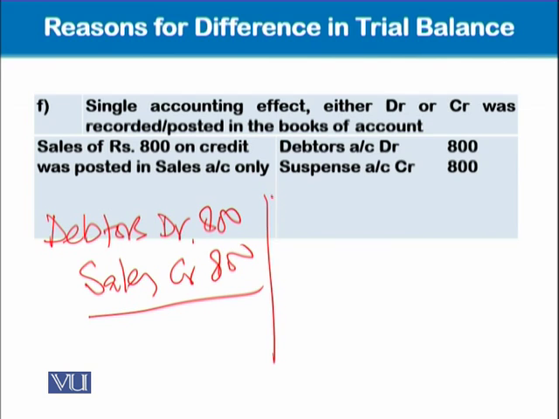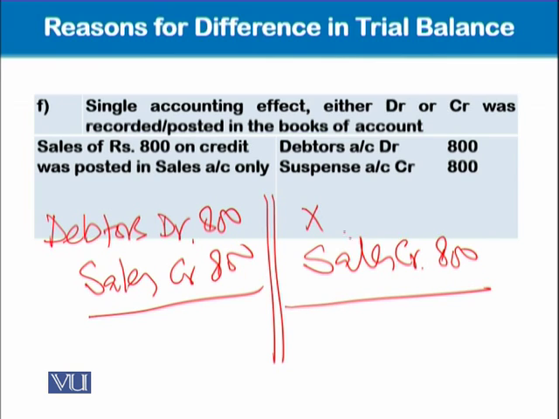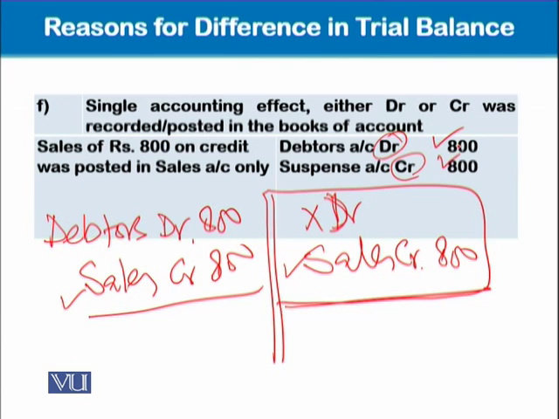What we did wrong is there is no debit, just sales were credited with 800. So only a single effect is required to rectify this error, and that is to the debtors. These debtors will be debited with 800, and since the sale has been correctly credited, we will credit the suspense account in order to equalize the debit and credit in the accounting entry.